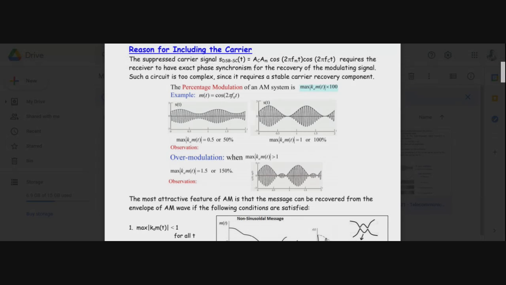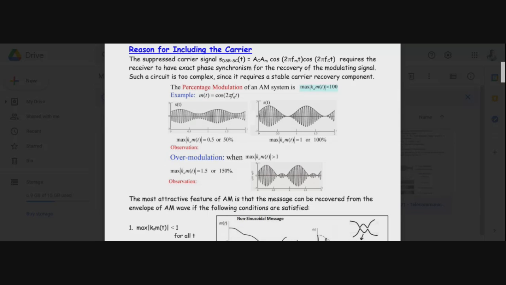I don't know whether it's the same story right now, because I would have been pointing. But anyway, you have the three diagrams. One is marked 50%, the other one is 100%, and the third one is overmodulation, when the modulation index is larger than 1. In this example, it's 150%, or 1.5.